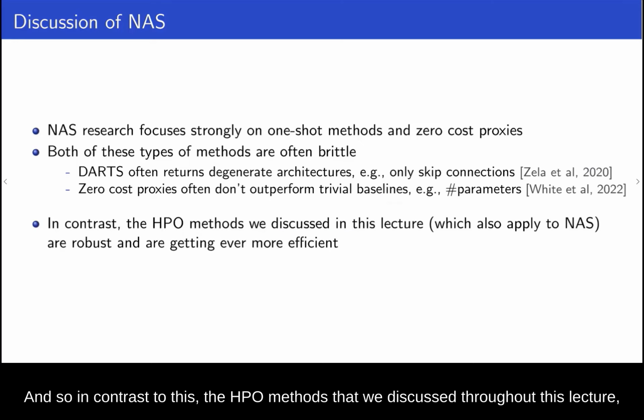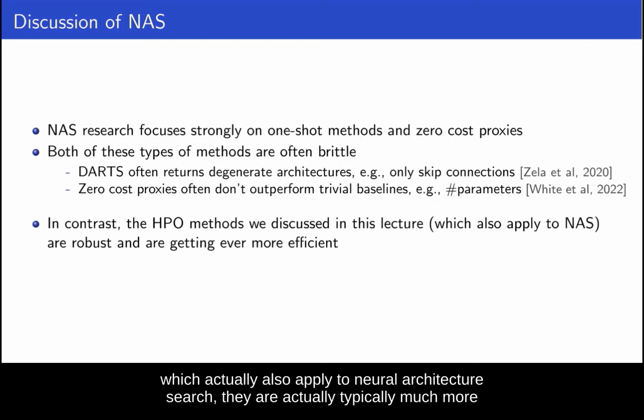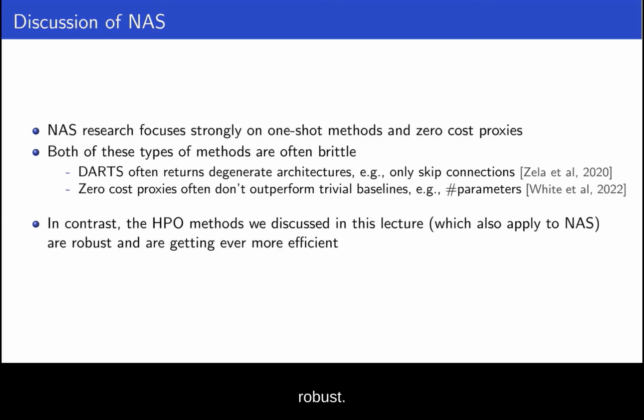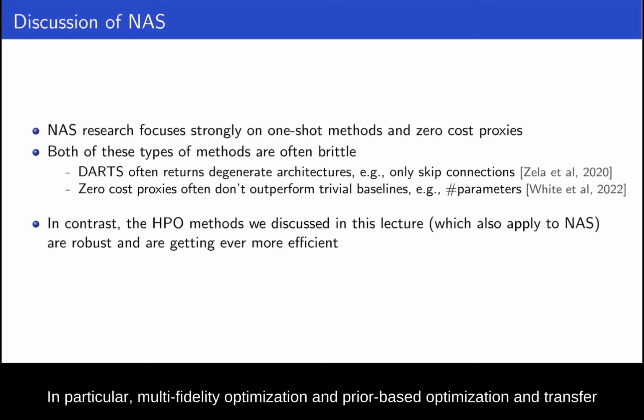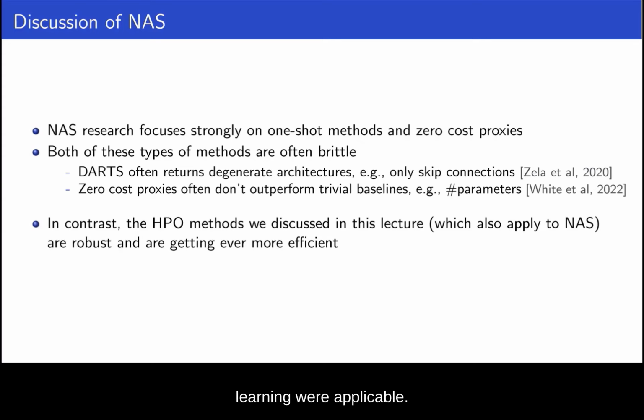In contrast to this, the HPO methods that we discussed throughout this lecture, which also apply to neural architecture search, are typically much more robust, in particular multi-fidelity optimization and prior-based optimization and transfer learning where applicable. So they're very robust and they're getting ever more efficient.